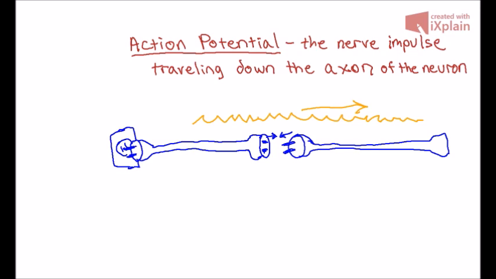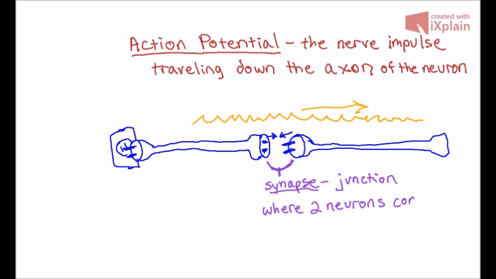Now, if you think about it, where these two extension cords meet, the junction where these two extension cords would be plugged in is called the synapse. So the synapse is the junction where two neurons connect. And it doesn't have to be two neurons.